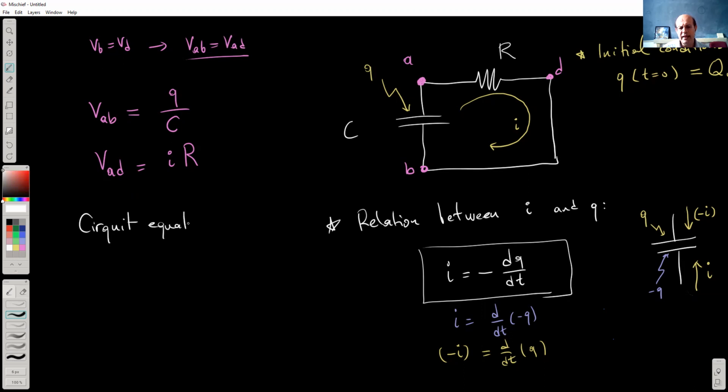I'm sorry, I shouldn't say circuit equation. This is basically the loop rule. Well, it's a circuit equation, but it is the loop rule that we are applying, right? The fact that the potential is a well-defined function. So that's basically Q over C is equal to I times R.